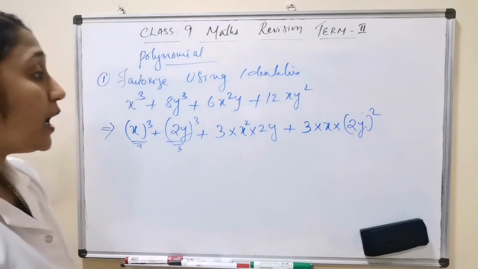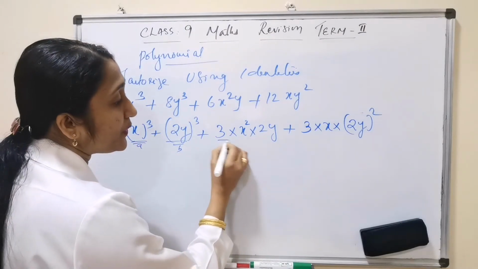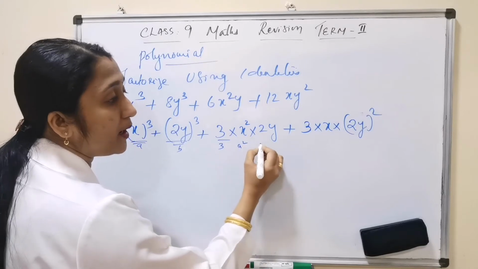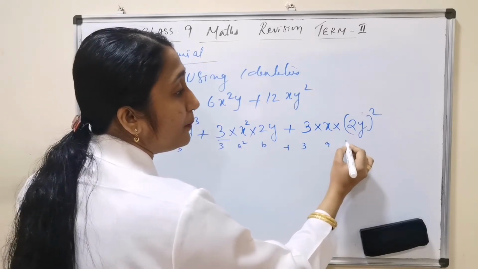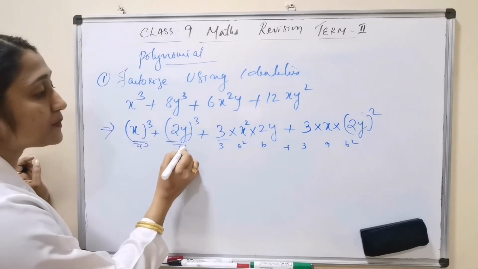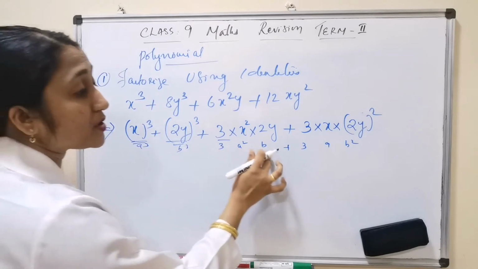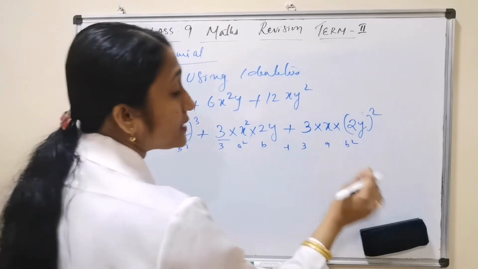Is it clear? Now we got that this is a, this is b, this is 3a square b, this is 3ab square. Check this: a cube plus b cube plus 3a square b plus 3ab square. What is that formula?